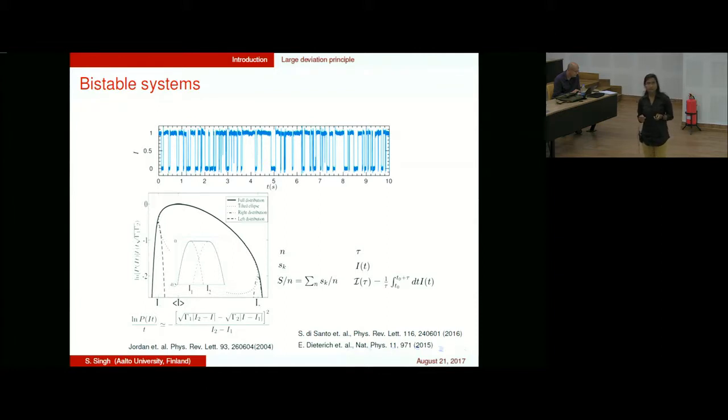And this Sk will be transformed into It, I is this one, and this I is varying from 0 to 1 with some noise in the system because of measurement, experimental noise. And then this S over n, that was the average of the total number of variables that we have taken, will be transformed into this time average of the current that I have from the system.